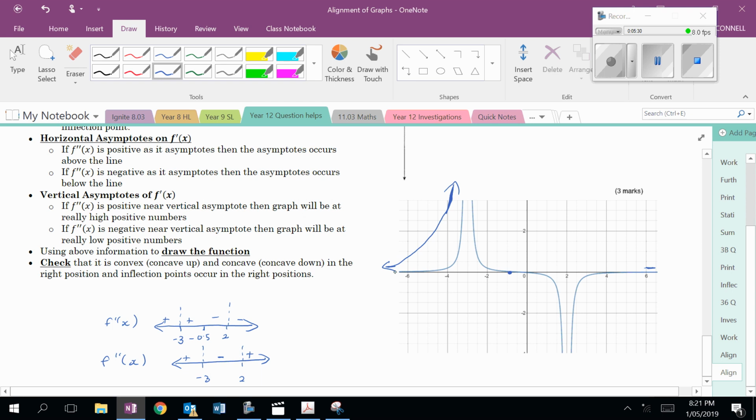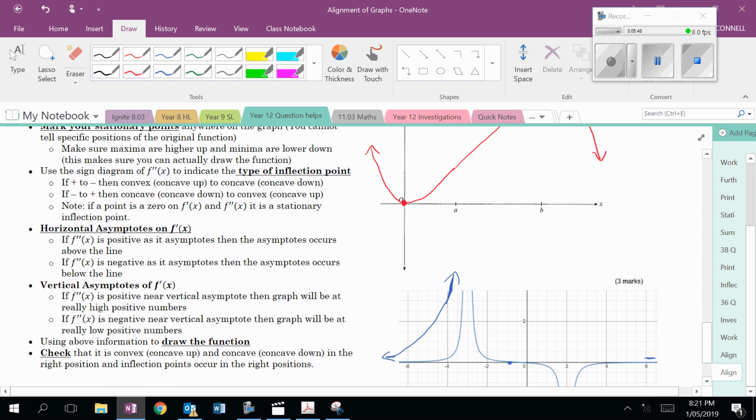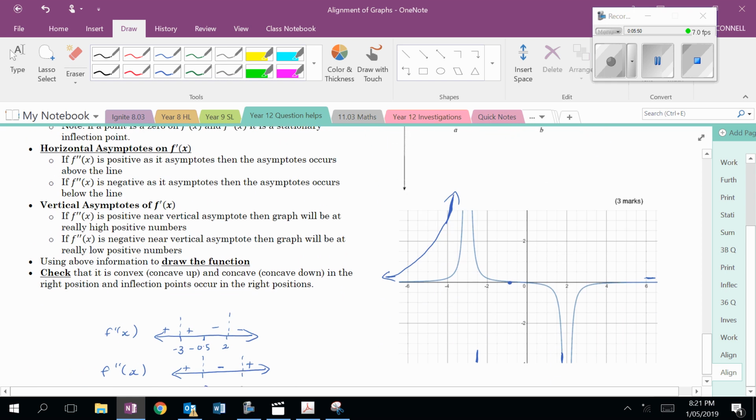Okay, on the right of minus 3, it's negative, so it'll be going down to really low numbers. And on the other side, it's also negative, so it will be going down to really low numbers there as well. Now, we also said that zeros get converted to stationary points, and if we have a look here, we're going from positive to negative, so it'll be a maximum there.